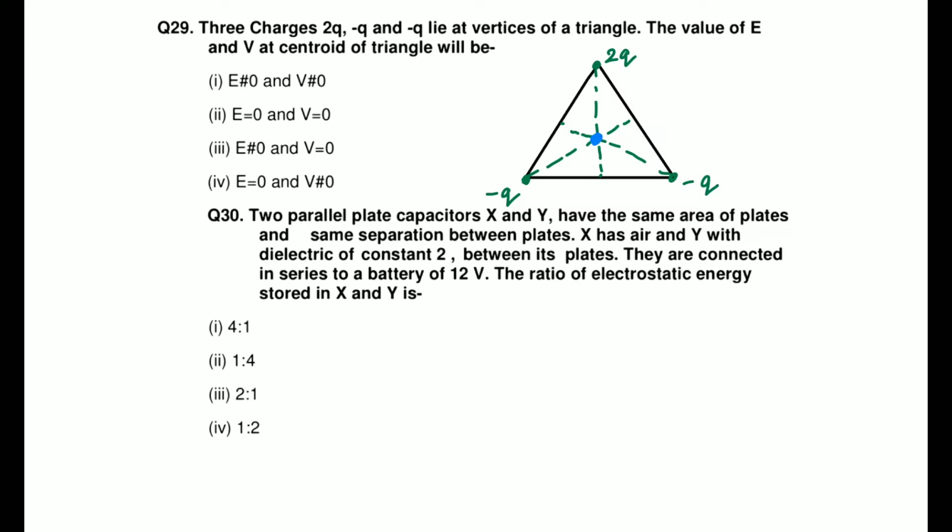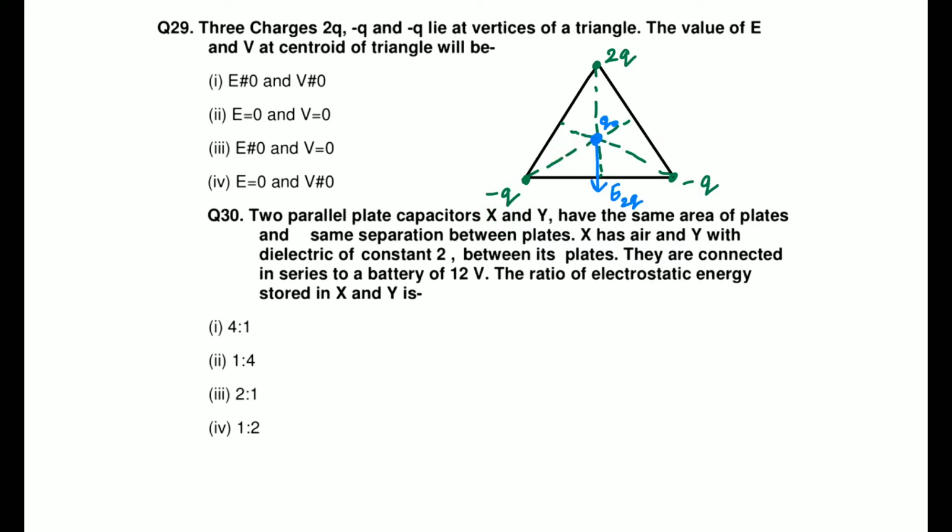So we are supposed to find out the electric field as well as the electric potential, right? So first, in order to find out the electric field, you will bring a positive test charge at that point. Now, because of the 2q charge, this positive test charge is going to experience a force in this direction. Let me call it the electric field because of your 2q charge. Very similarly, this positive test charge will experience a force because of this minus q charge in this direction.